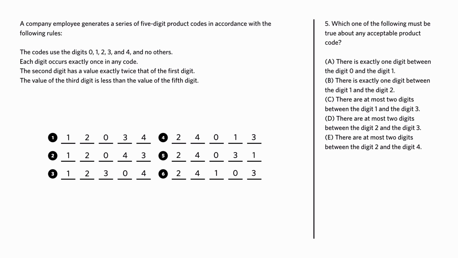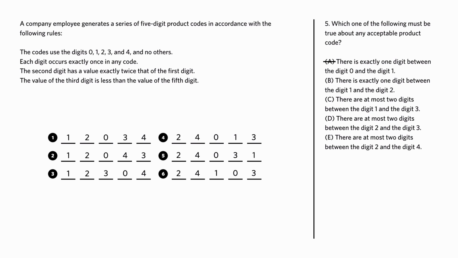Here's question number 5. We're looking for an answer here that is consistent with all of the frames and thus always must be true. Starting with A, it doesn't have to be true in many of our frames, so we can go ahead and eliminate it.